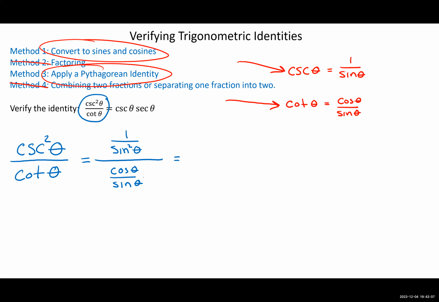Keep, change, flip. So we take the fraction on top, multiply it by the reciprocal of the fraction on the bottom. Keep, change, flip.